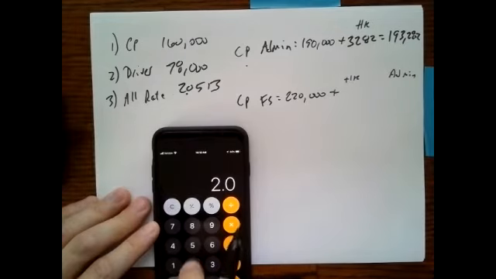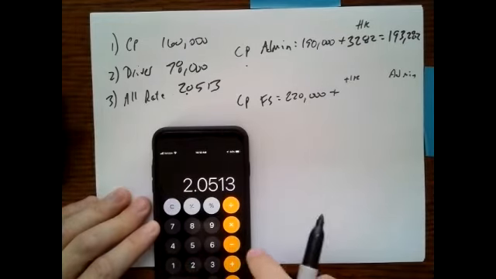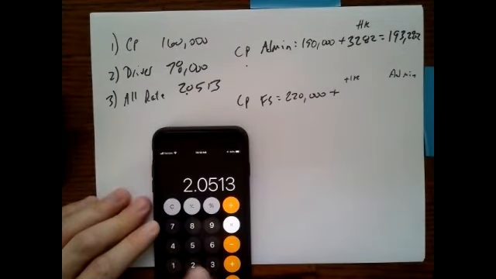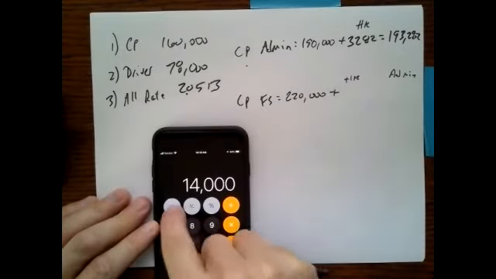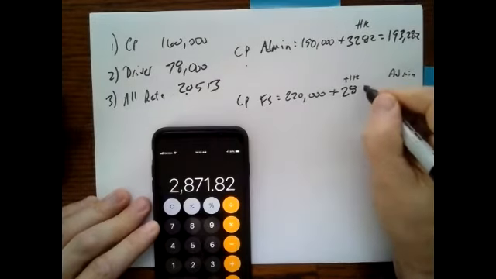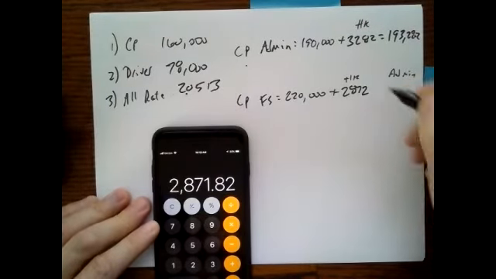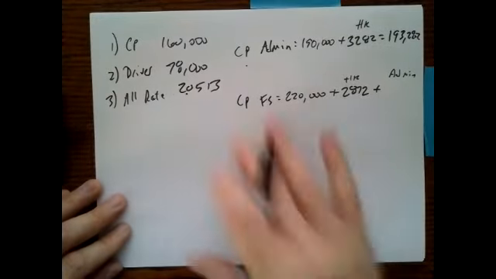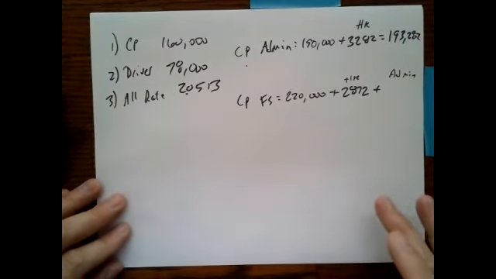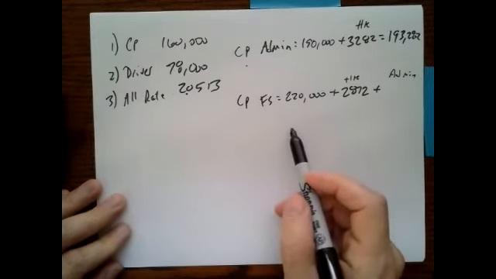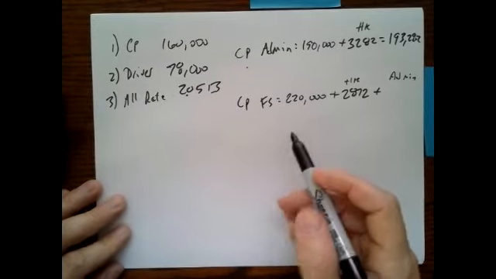And we said 2.0513 per square foot times 1,400 square feet for financial services is $2,872. Okay. And we're not going to bother with outpatient and inpatient at this point because we don't care. We're really only interested ultimately in what the cost pool is for financial services.